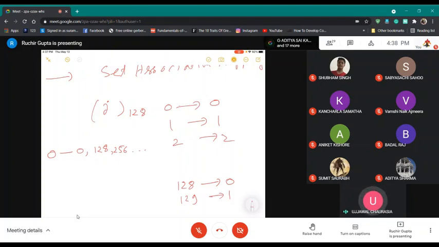So 4K divided by 128. What will be the value? 128 blocks or 32 blocks? Just do it properly. I think you missed something in doing that, or I missed something.